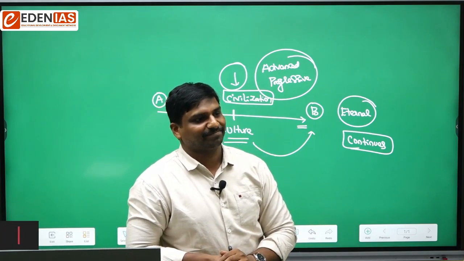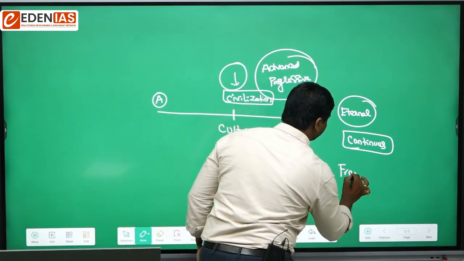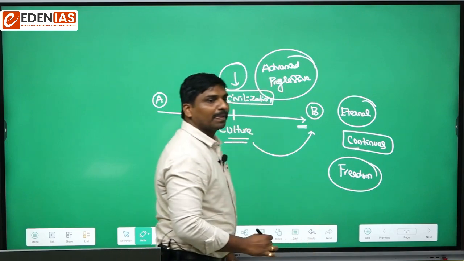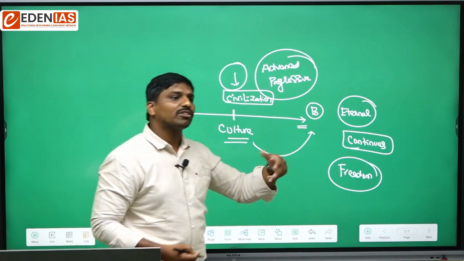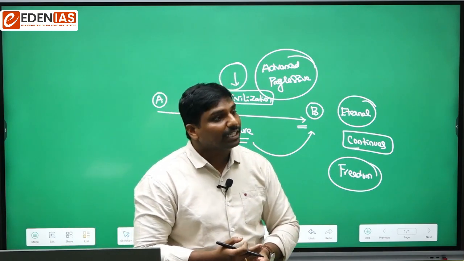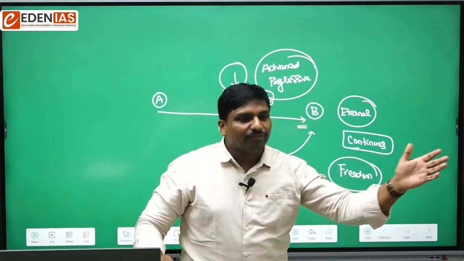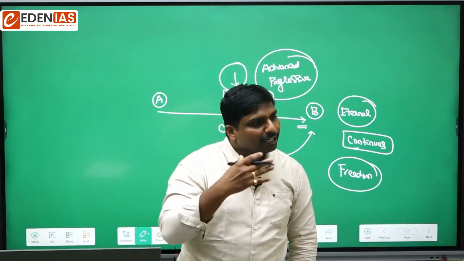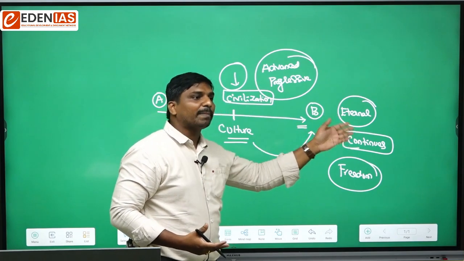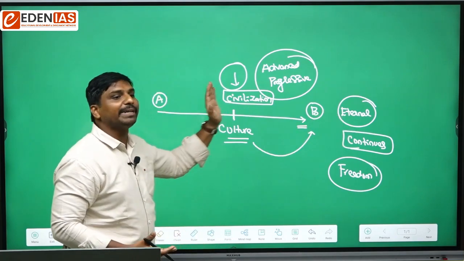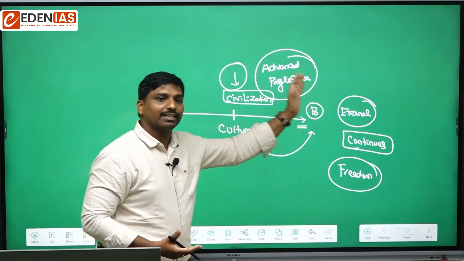That's a different aspect. Likewise, for example, attaining freedom was the end of the freedom struggle. In order to achieve it, the freedom fighters used so many means. One such means was the non-cooperation movement. One such means was the civil disobedience movement. One such means was the Quit India movement. That means in the journey of attaining freedom for India, there were so many means. Likewise, if we talk about culture as a journey, in that journey there can be so many means, so many stages: the early stage, advanced stage, or the later stages.